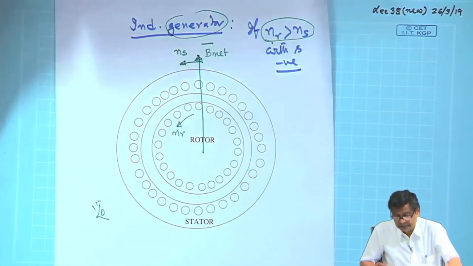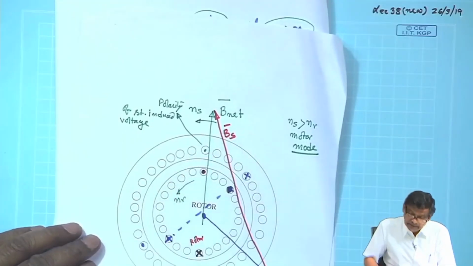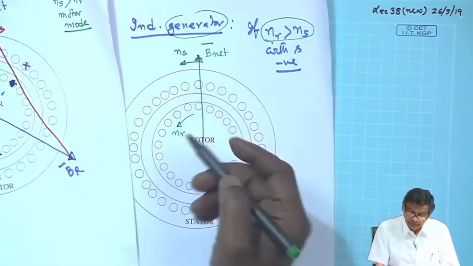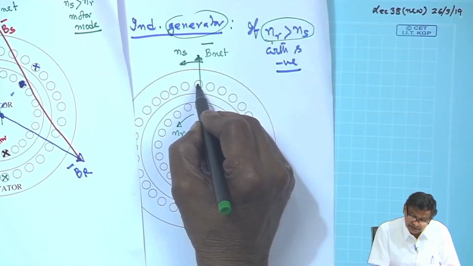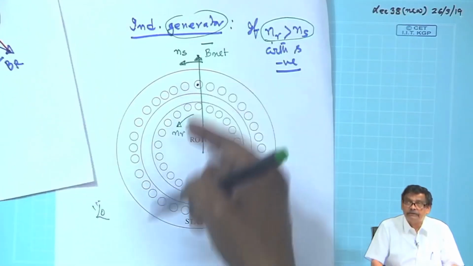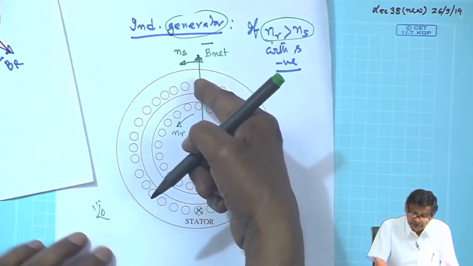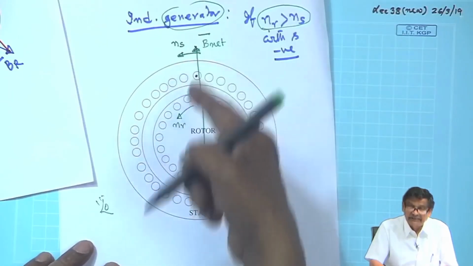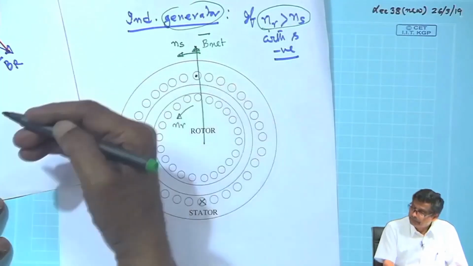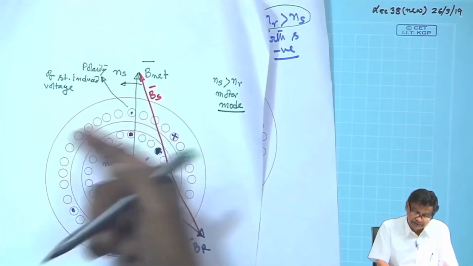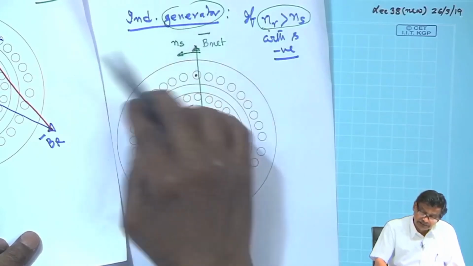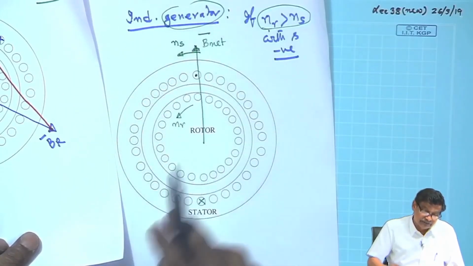So, what happens, like the previous case, so far as the stator induced voltage polarity is concerned with respect to the stator, this will remain dot and this will remain cross, and these are, mind you, the maximum voltage induced in these stator conductors. Whoever is present there will have this maximum voltage. Once again, by applying that rule, with respect to the stator, it is moving with n s, this will be dot, this will be cross.